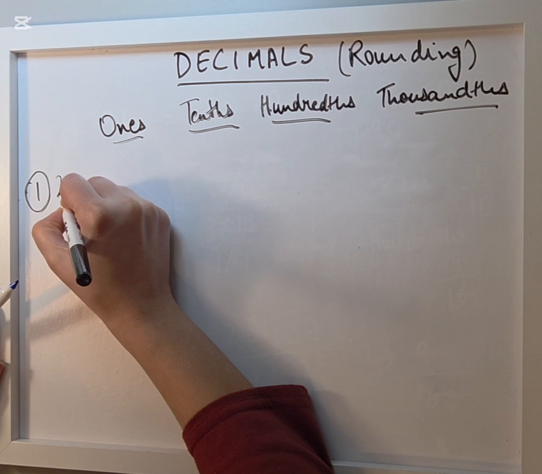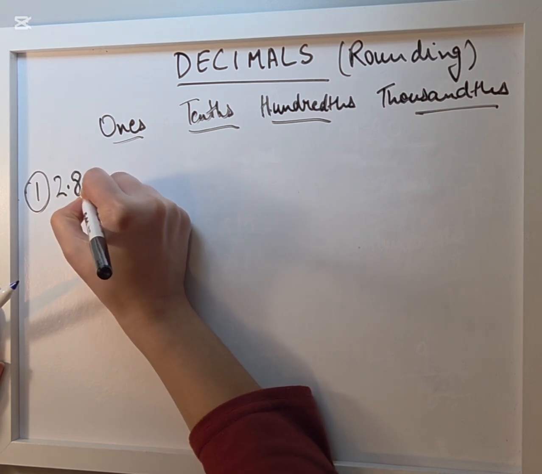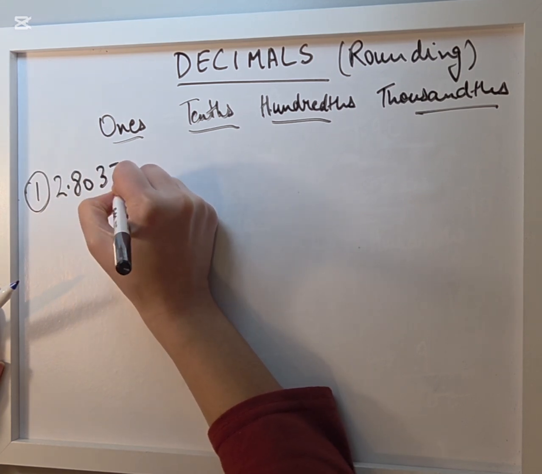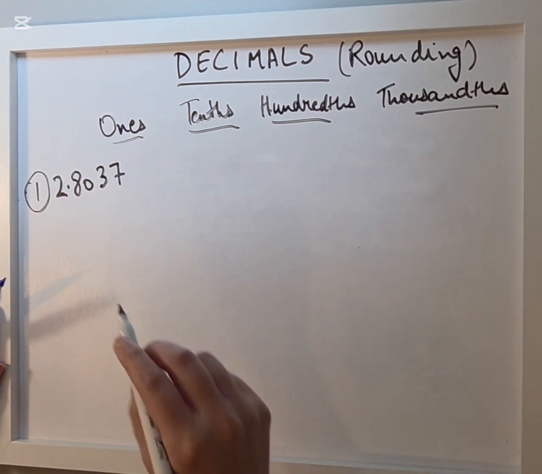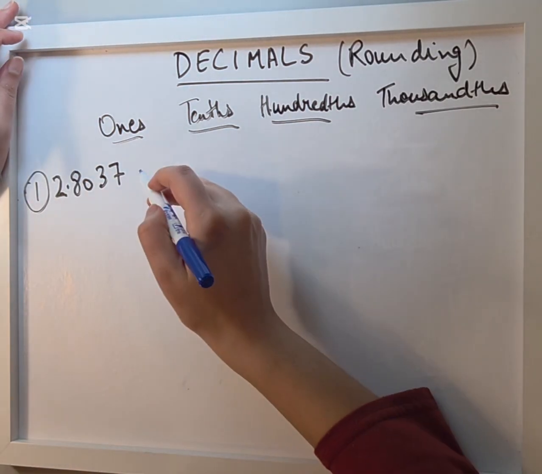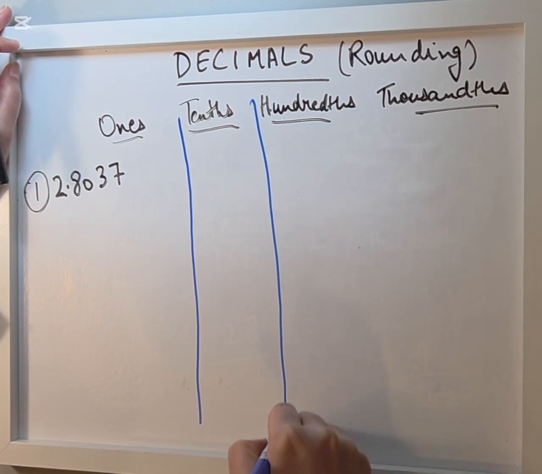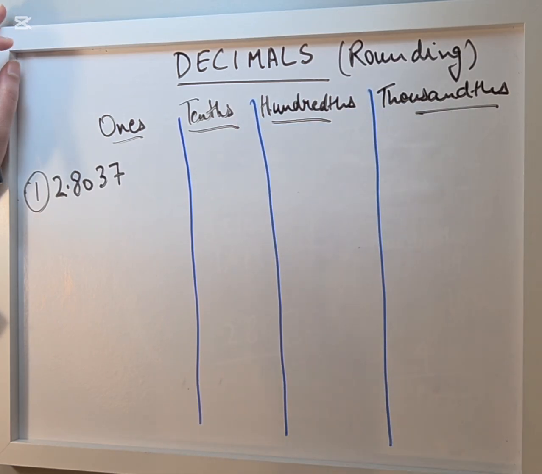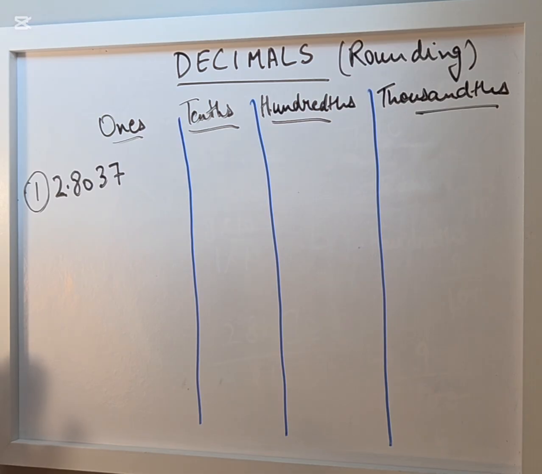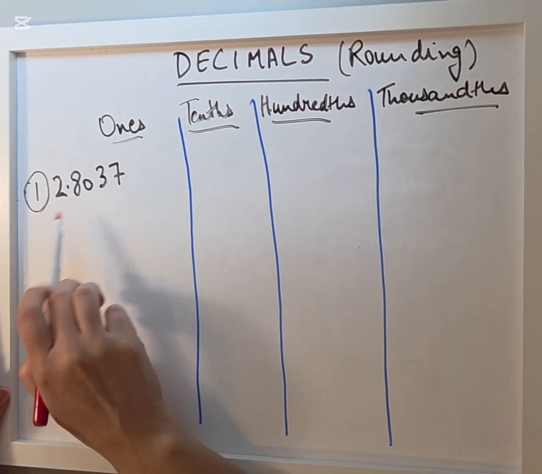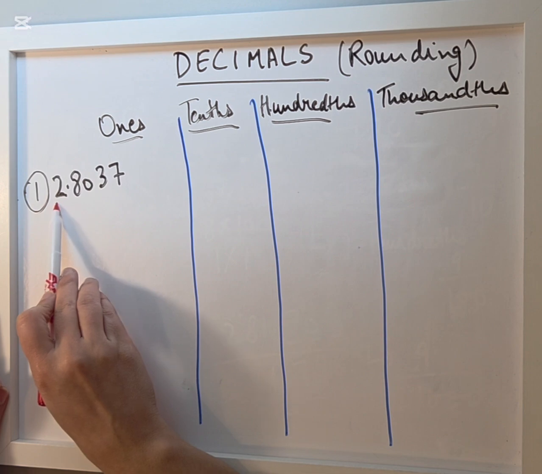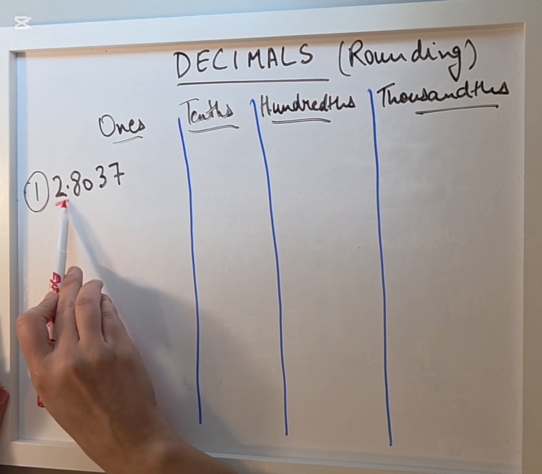The first is 2.8037. In this one, ones position. So which is the ones position? This one. This is the ones position.